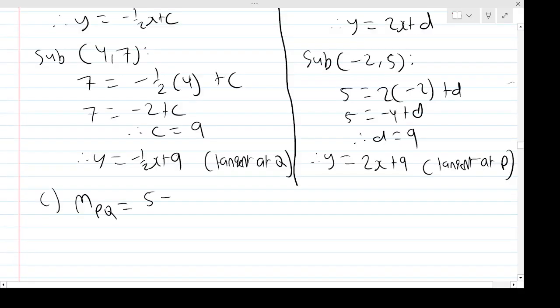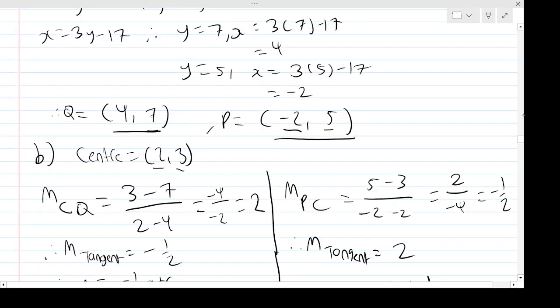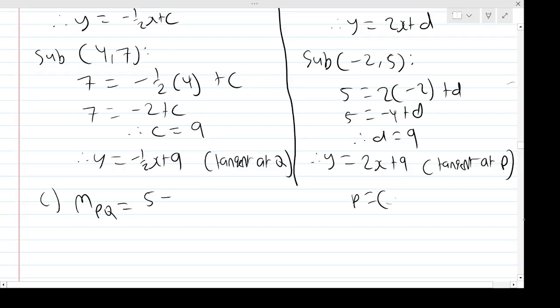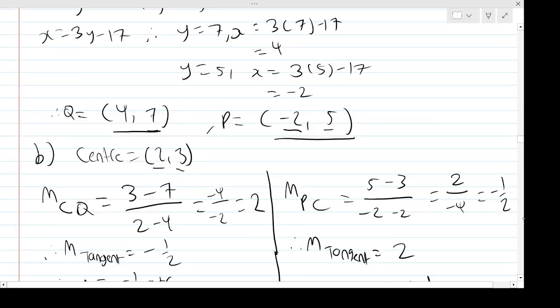I'm going to write these points down again, so I don't want to keep referencing it. P is, what was it, (-2, 5). And Q was (4, 7). Okay.